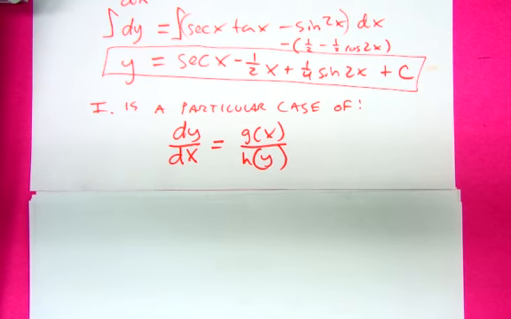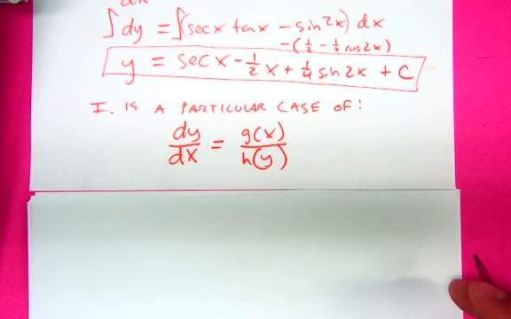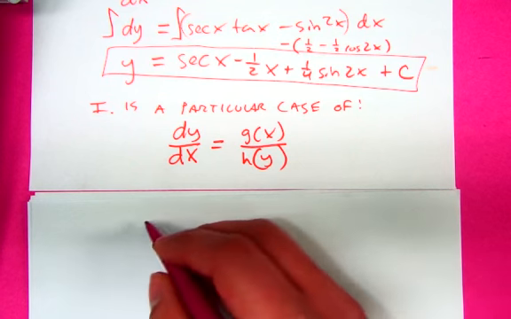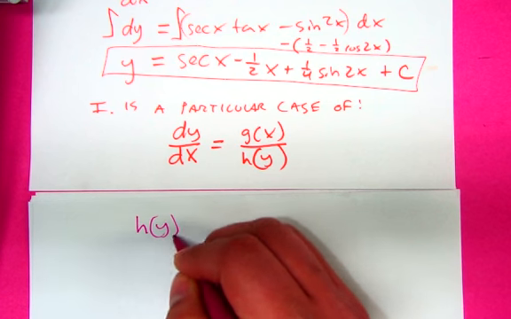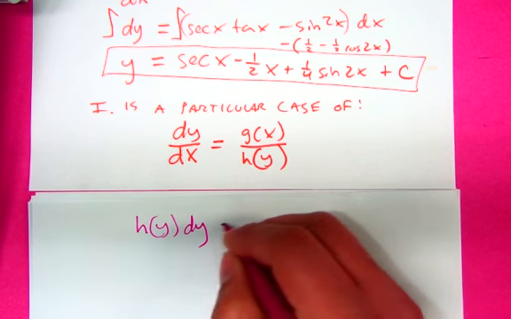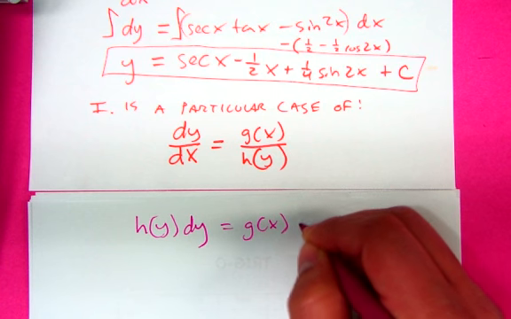So now we have maybe not only g of x, but potentially a fraction or something. The idea is that you can separate. So if you separate the variables, you have h of y dy equals g of x dx.